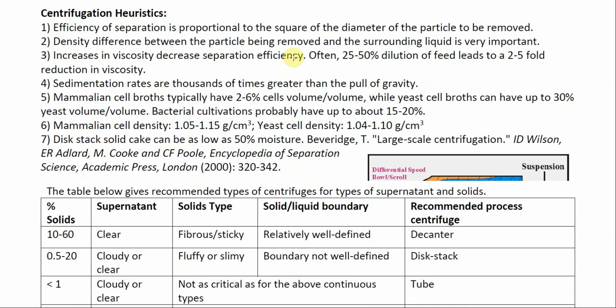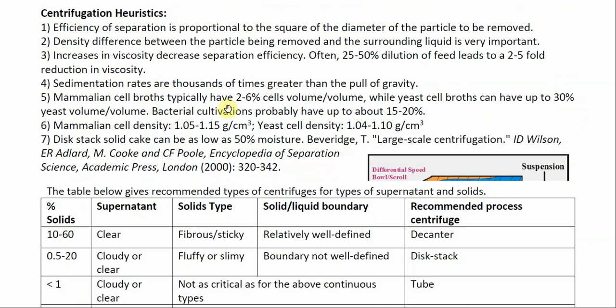If you have something that is closer in density, it will be a lot harder to separate out, so maybe you should consider something like filtration in that case. Increases in viscosity decrease separation efficiency, so often a 25 to 50% dilution of feed can really help your efficiency. Sedimentation rates are thousands of times greater than the pull of gravity.